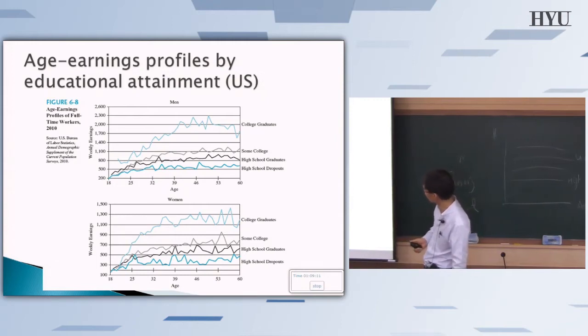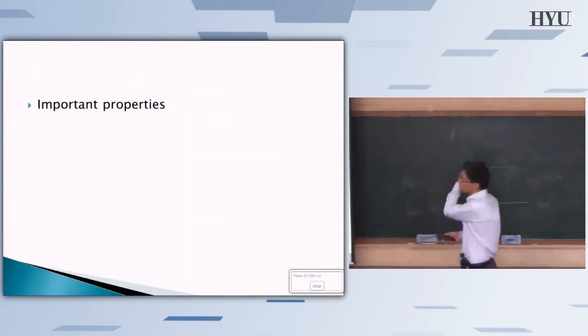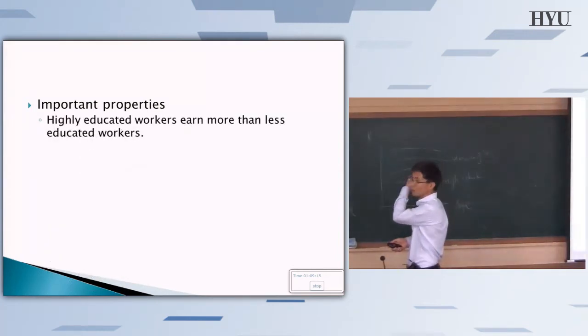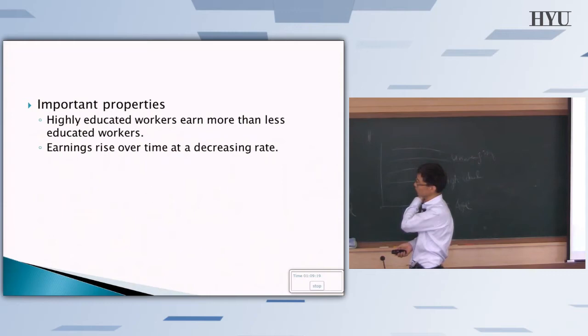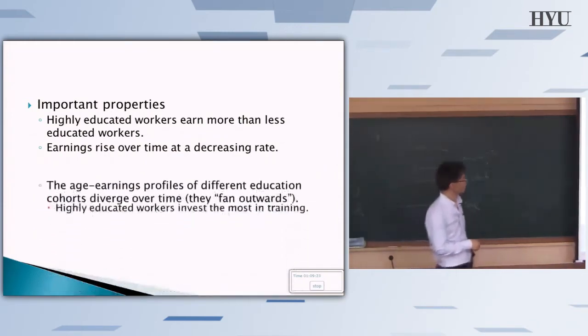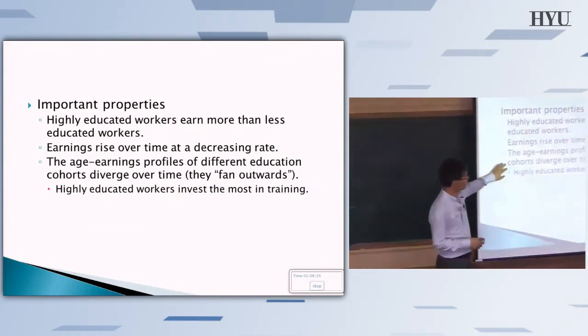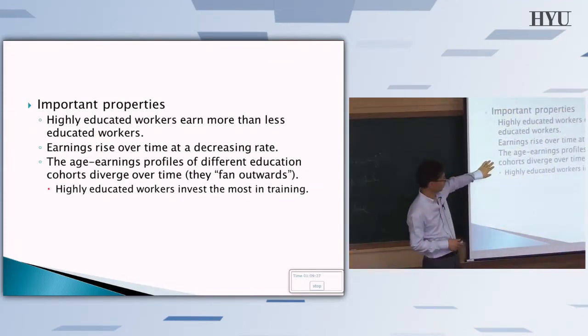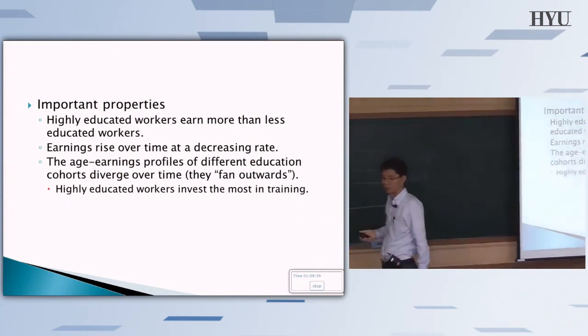In summary, highly educated workers earn more than less educated workers, and earnings rise over time at a decreasing rate. The age-earnings profiles fan outwards. The profiles of different cohorts diverge over time. That's what I just said. Highly educated workers invest the most in training, so their wage differential gets bigger and bigger as they get older.